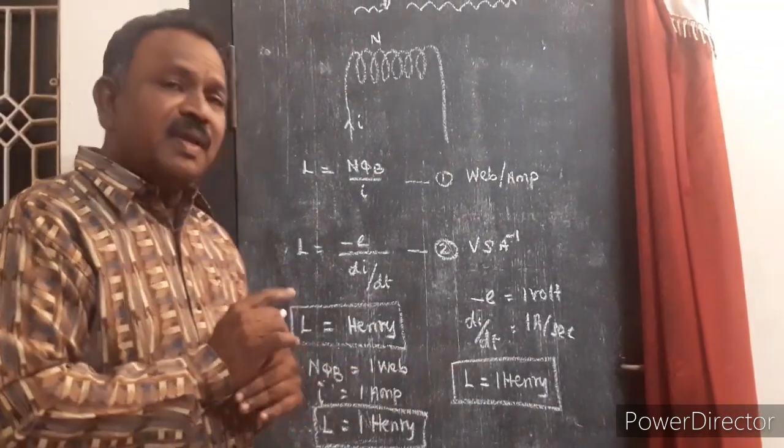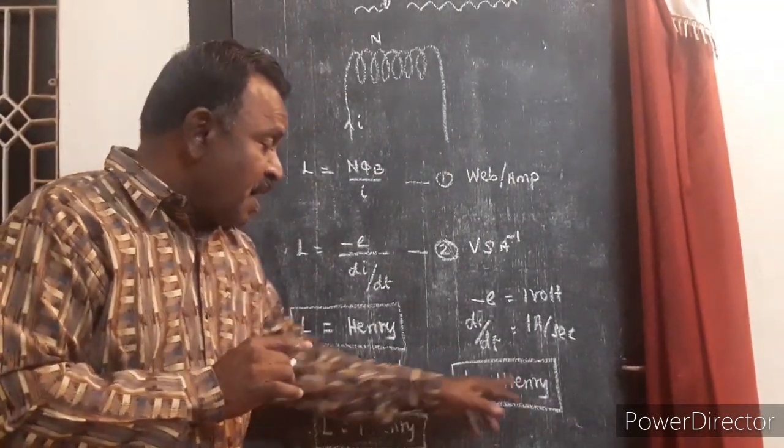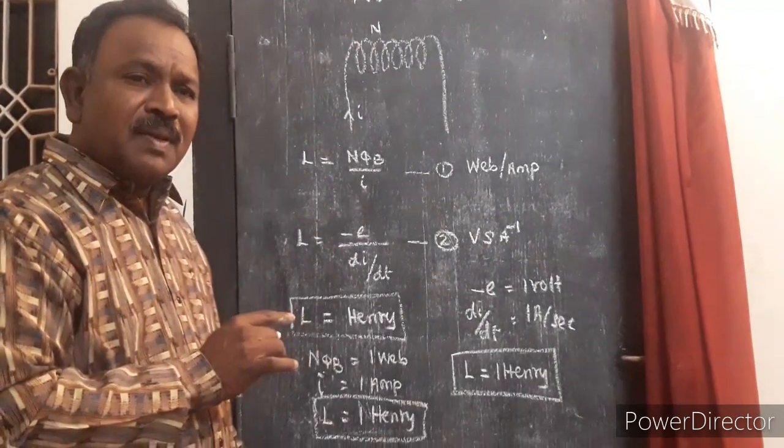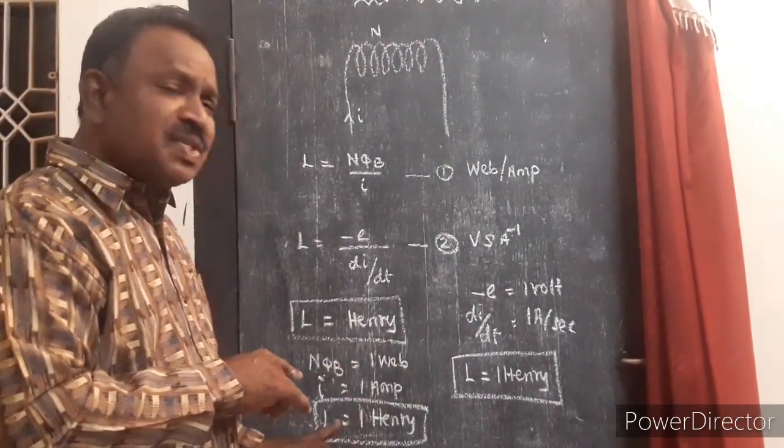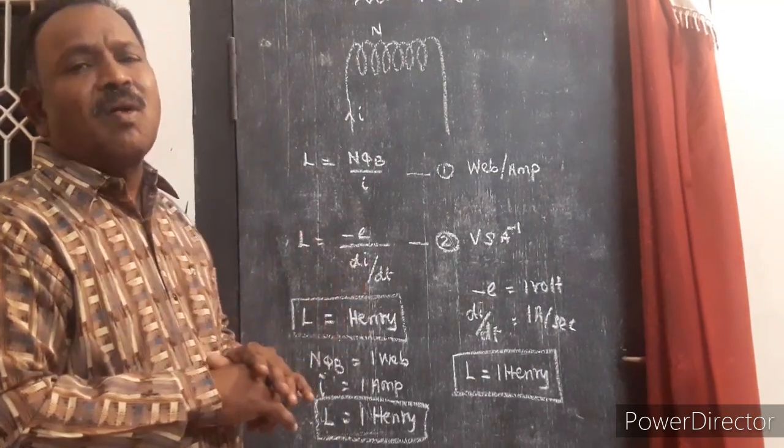So these are the two ways in which we can define Henry, the unit of self-inductance of a coil.